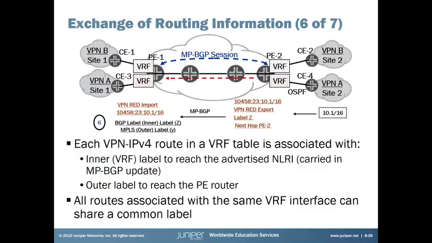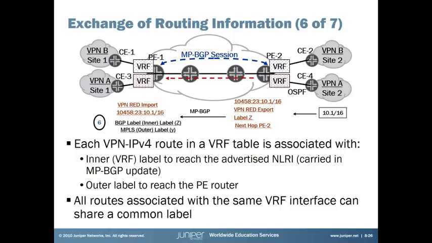So each VPN IPv4 route in a VRF table is associated with an inner VRF label. So this is where the MPLS stuff comes in now. Okay, so we have an inner label to reach the advertised NLRI carried in the BGP update. And remember when we first looked at that great big long field with the green route distinguisher? There was this MPLS label sitting there.